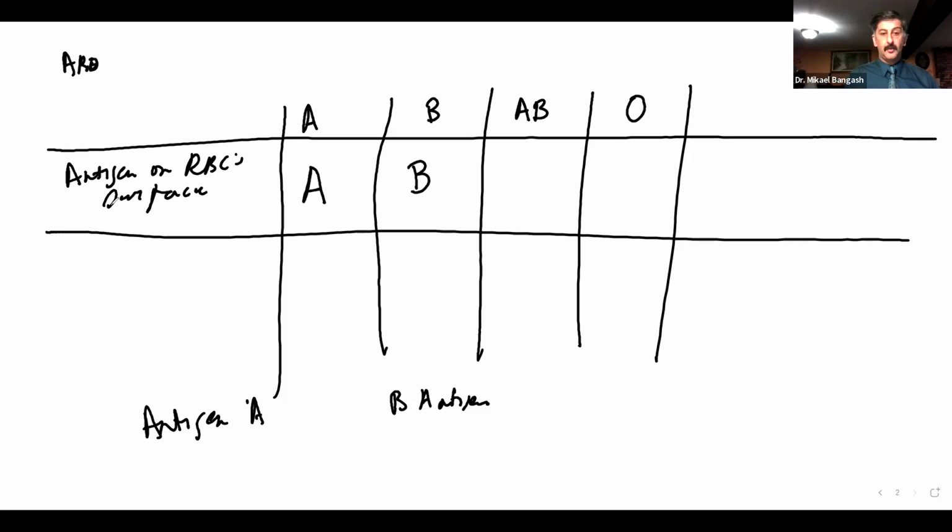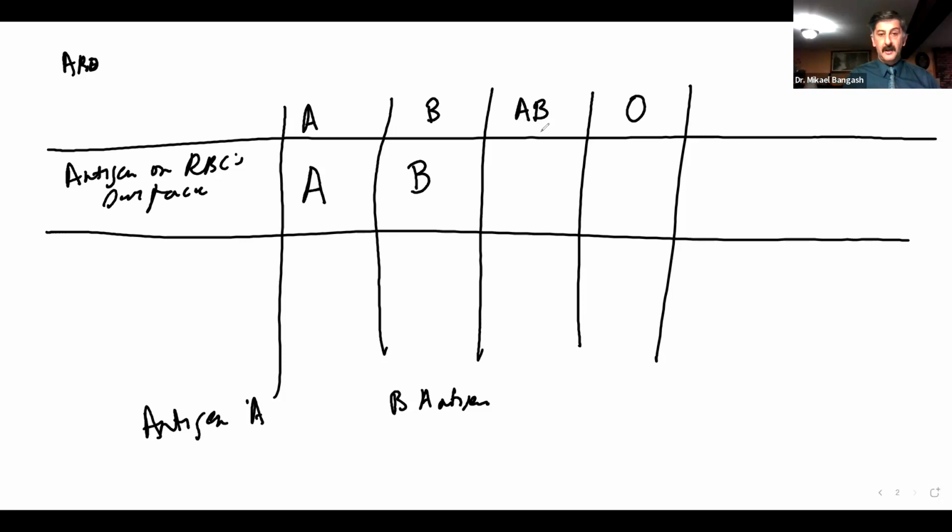Now, somebody who is of blood group AB. What did we say? The blood group is determined based upon the type of antigen on the surface of the red blood cell.